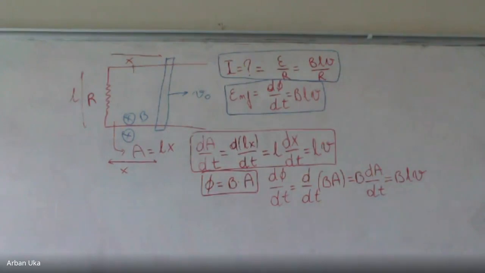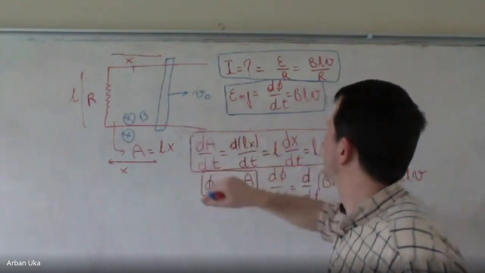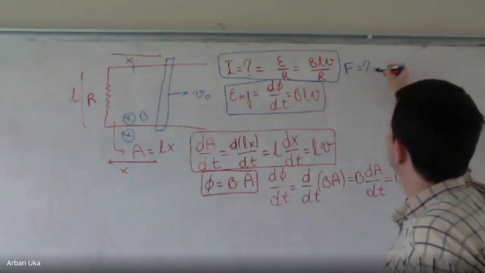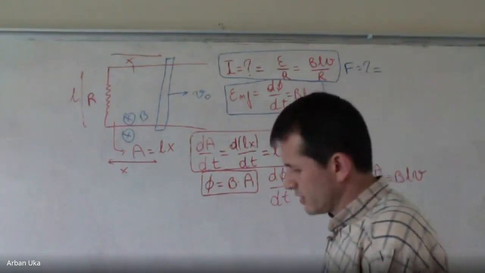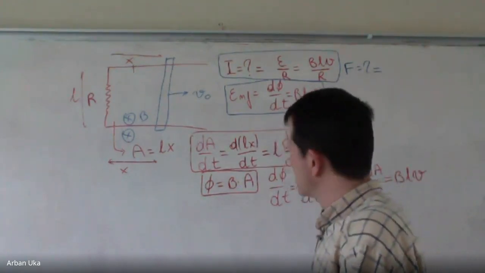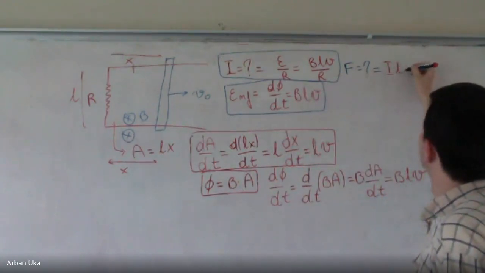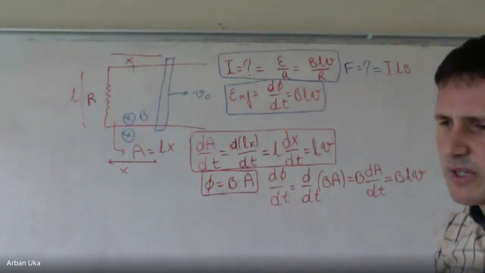Then the next question is, let's find the force that is applied on this blue bar. Force is equal to what? The magnetic force on a piece of circuit is equal to I L B, the current times the length times the magnetic field.